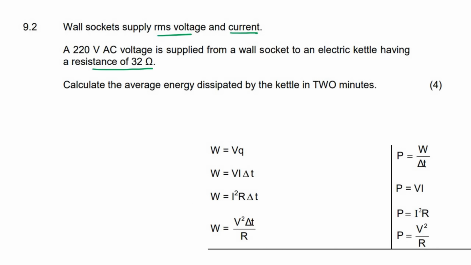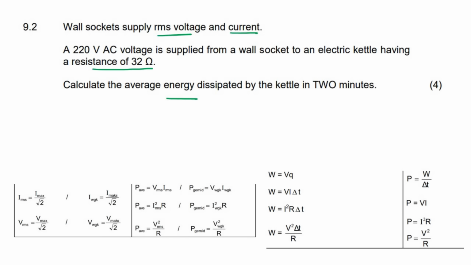Now, they want the average energy dissipated, so I'll use one of these, because that is energy over there. Then we might have to use some of these as well. But let's just see what we have. They're giving us a 220 volt AC voltage. That's going to be RMS because they said that wall sockets supply RMS. So this is an RMS value.